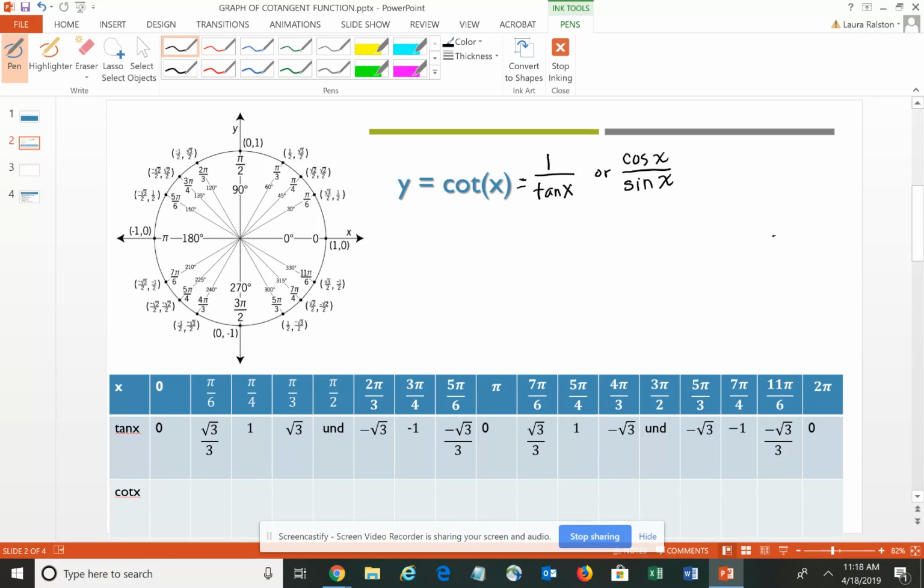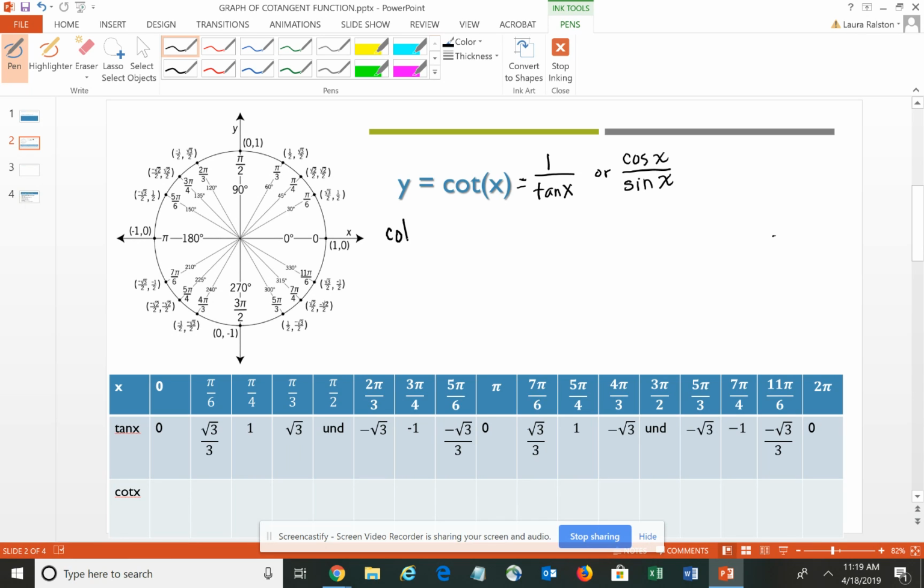So you can look at it either way. To help us out here with our values, I have given you the values for the tangent, and so then we have the idea of the reciprocal, which is flipping it over.